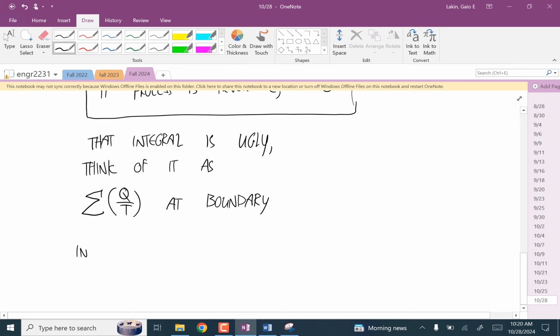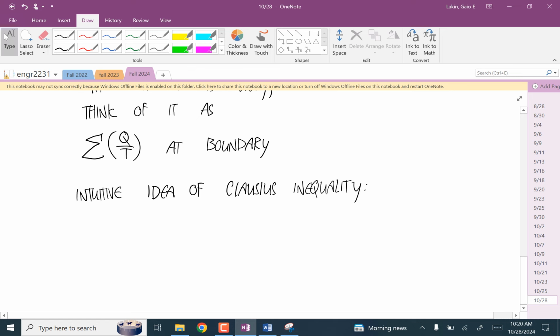And so let me give you sort of an intuitive idea of the Clausius inequality. So imagine a system with a hot reservoir.